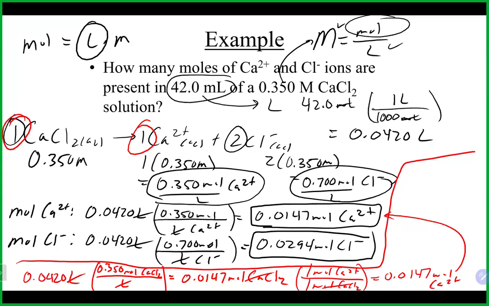The bottom one would be the same calculation, except that the mole-to-mole relationship is 2 moles of chloride to 1 mole of the whole thing, and that will end you up back there as well. So if you want to take that approach where you have it all together and then just go from moles of the whole thing to moles of each ion.